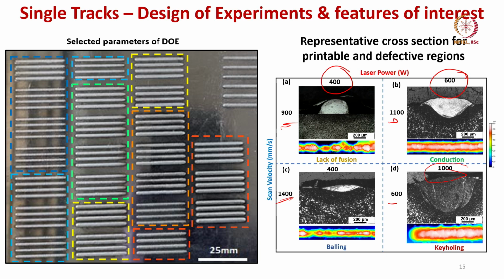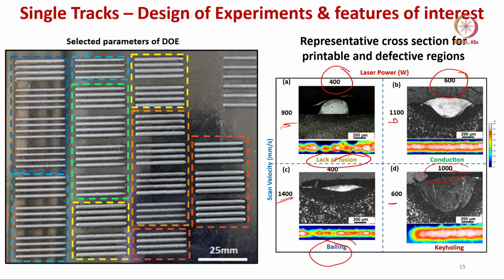Now, we want a single continuous track without any defect. In this combination of 400 watt laser power and 900 millimeter per second scan velocity, you can see lack of fusion. In the other case, at high scan velocity, you can see clearly the signatures of balling.